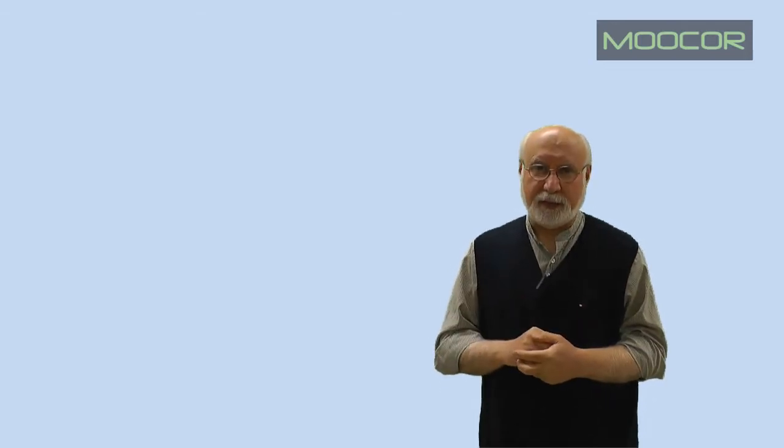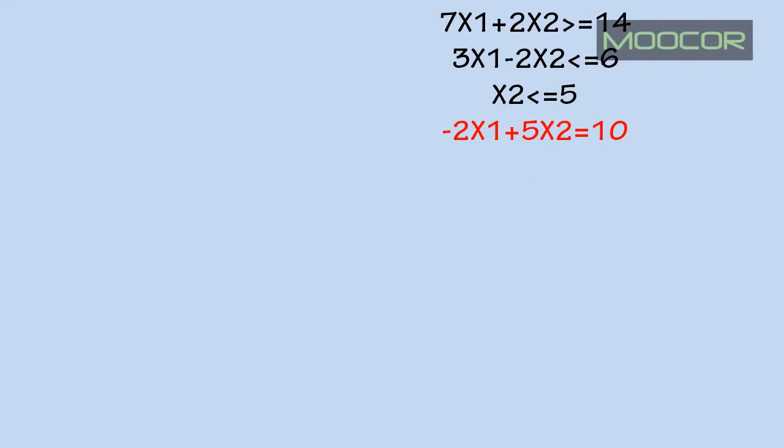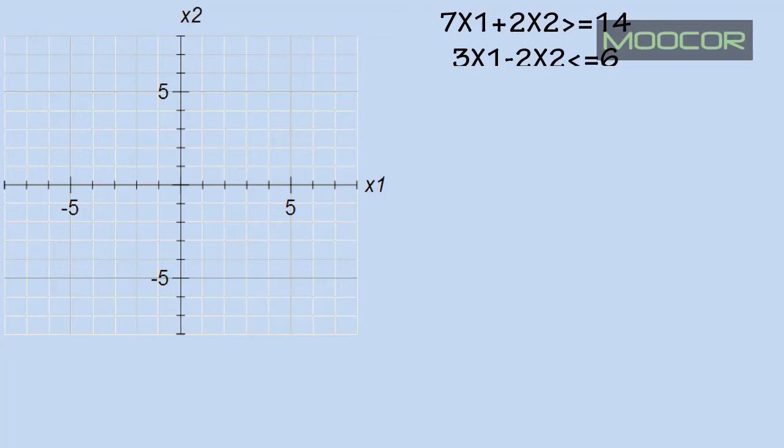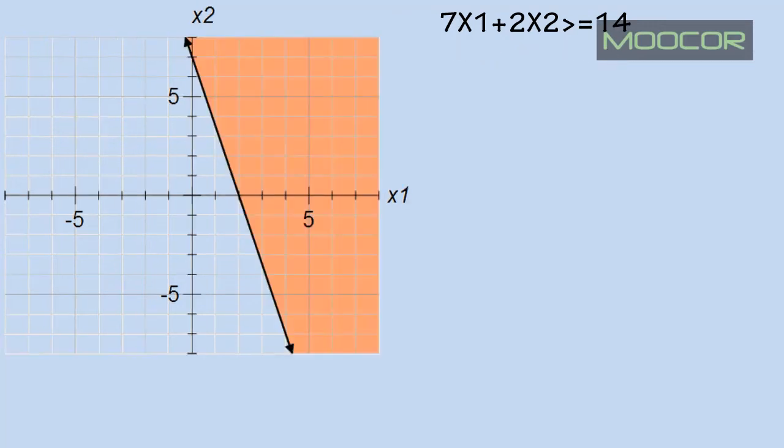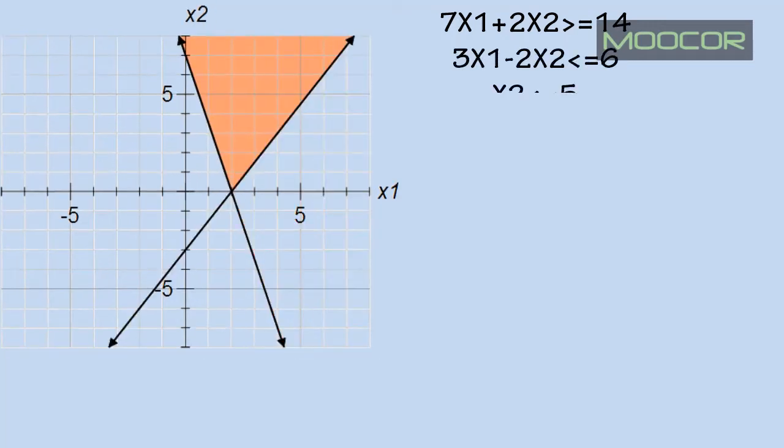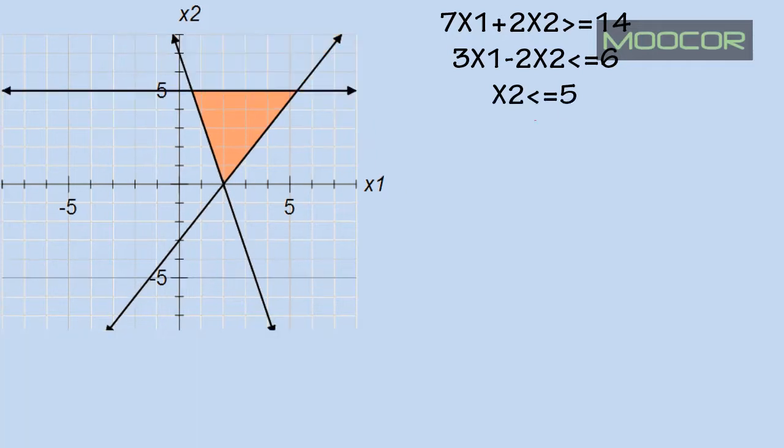Here is an example. Let's take a look at this example and see how we are approaching it. In here we have an equation. The rest of the feasible region is easy to construct. So let's construct the first 3 constraints. We are constructing line 1, line 2, and line 3.